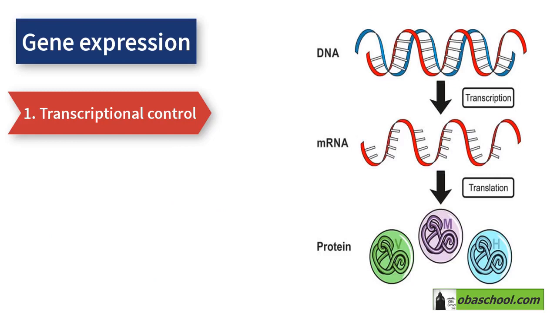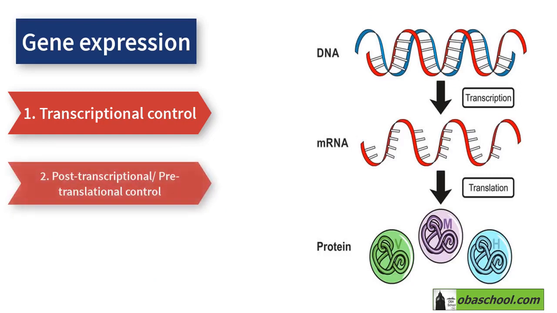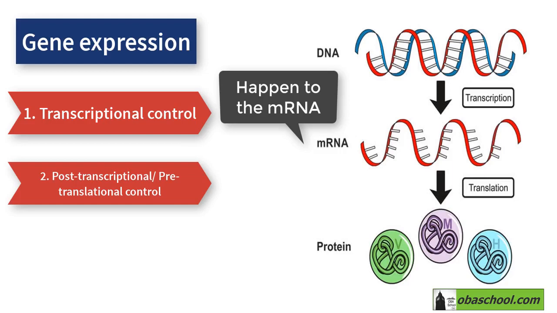Regulation of genes can also happen at the post-transcriptional or pre-translational level, which happens after transcription and before translation starts. These modifications happen to the messenger RNA, which was produced from the transcription.